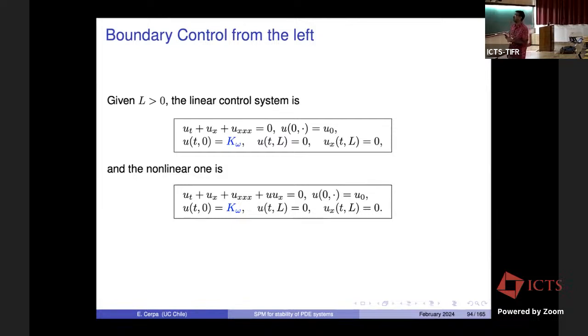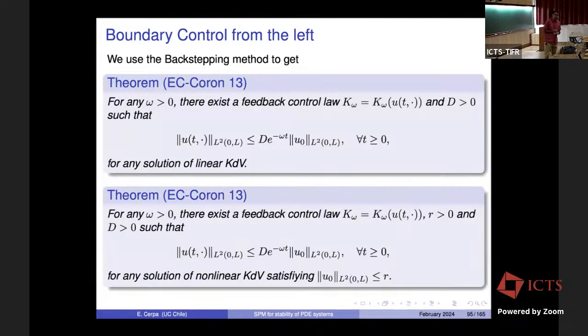This is the operator K that we are going to build. As in the first lecture for the wave equation, we will use the backstepping method, but here I am going to show you a little more detail on how we prove the existence of this transformation that relates the original system to a target one, which has good properties concerning stability.